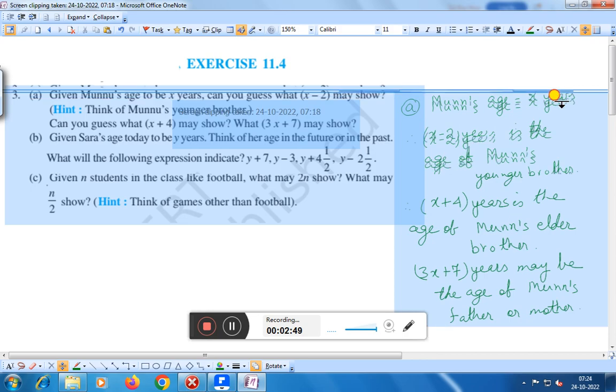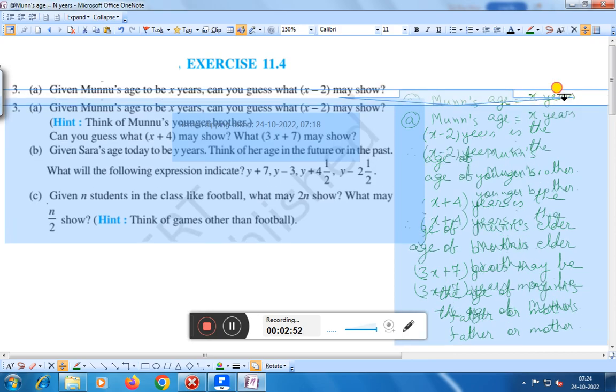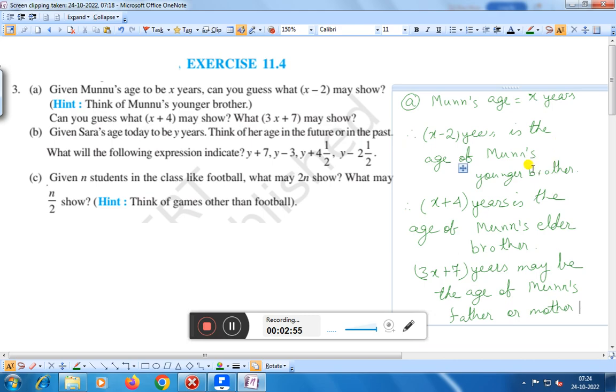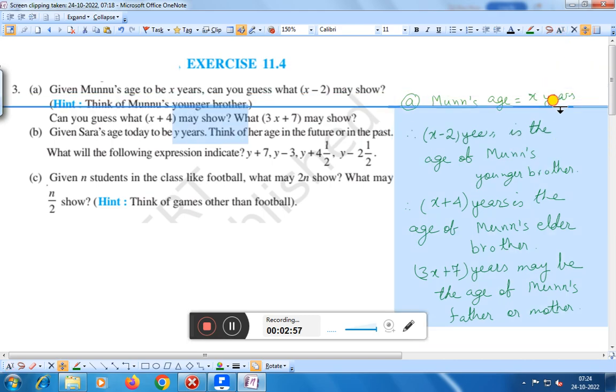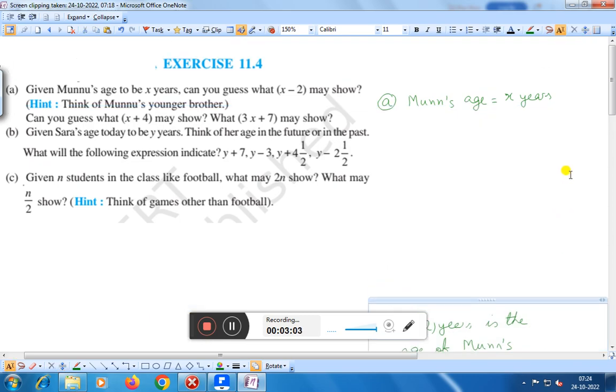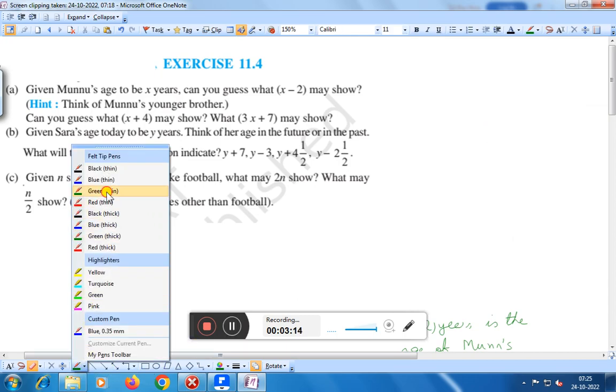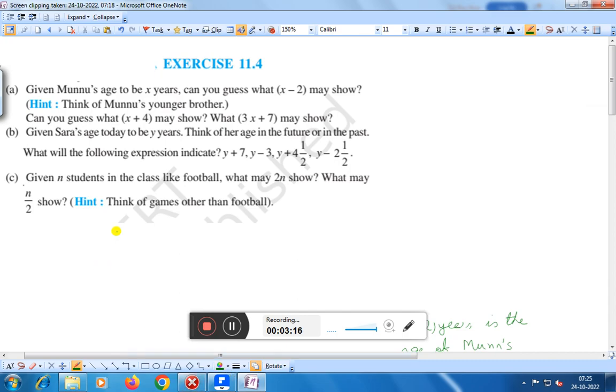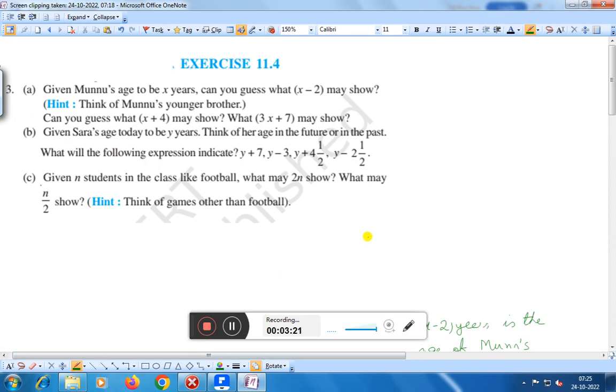Now, question number B. The question number B is, given Sarah's age today to be y years, think of her age in the future or in the past.